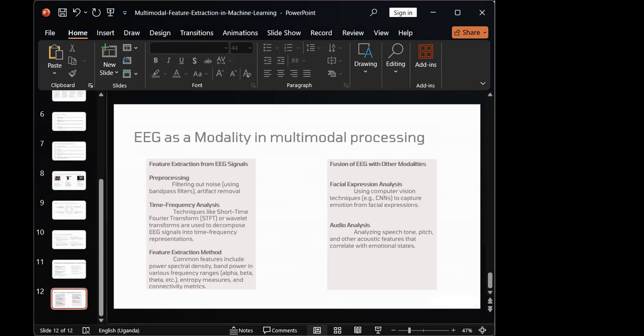Now, we have what we call time-frequency analysis. Techniques like short-time Fourier transform or wavelet transformation are used to decompose EEG signals into time-frequency. Then we have the feature extraction methods. Common features include power spectral density and the band power in various frequencies: alpha, beta, theta, and gamma.